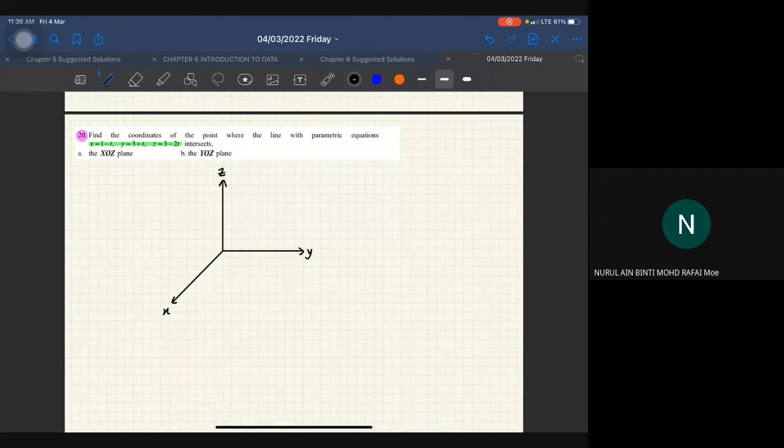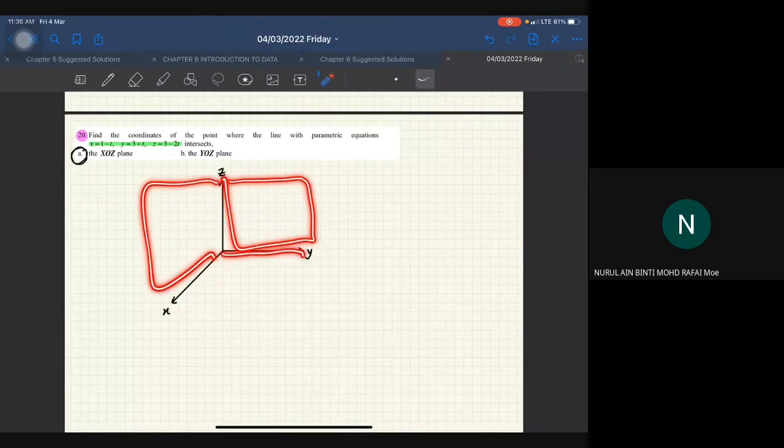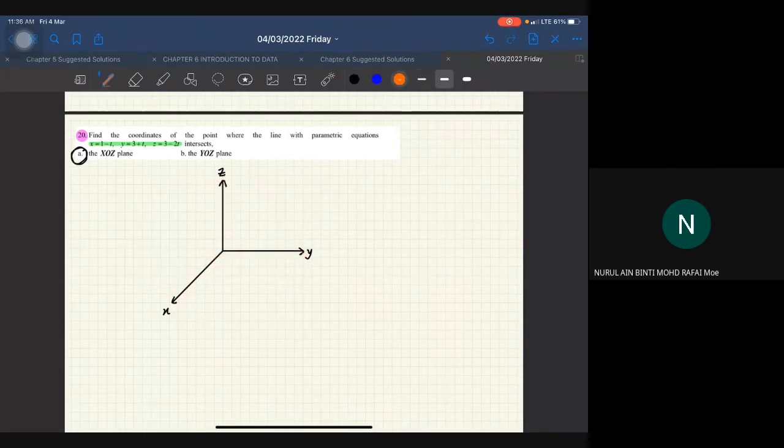Okay, so untuk case yang A, soalan minta the XOZ plane. So XOZ plane, dia akan berada di mana? Is it here, here, or here? Okay, so saya lukis dengan pen warna lain. Is it the first one, the second one, or the third one? Satu ke, dua ke, tiga? Satu, betul, exactly. Okay, so dia adalah plane yang nombor 1.